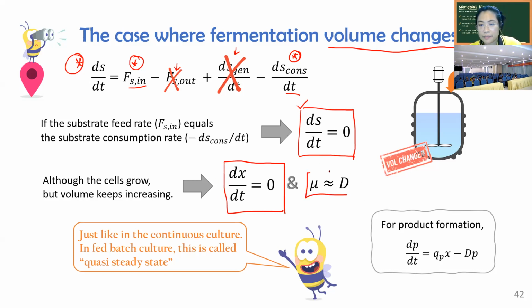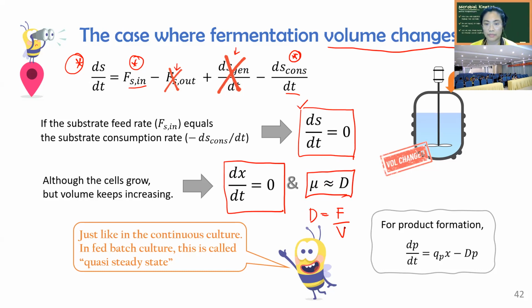That is why we can derive that mu, the growth rate of the cells in the fermenter, is about equal to the dilution rate. You know that the dilution rate is the feed flow rate over volume; this is the formula for the dilution rate.